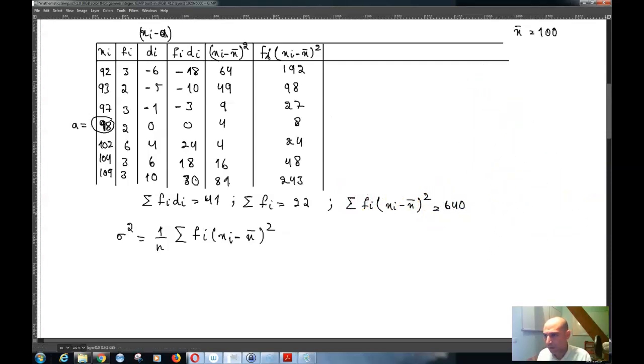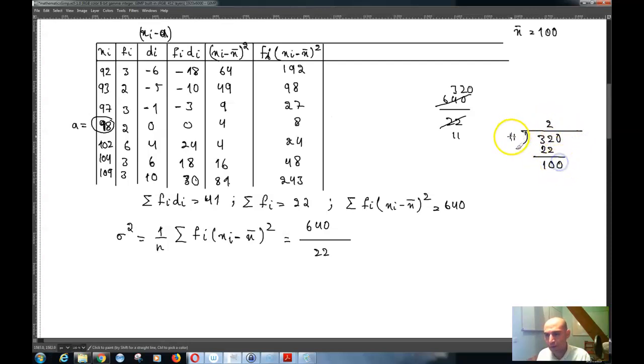So, you have sigma f of I times this whole expression, 640, divided by n, which is 22. That is 640 divided by 22, which is 320 divided by 11. Now 320 divided by 11: 2 times 11 is equal to 22, that's a 10, and 9 times 11 is 99. One remainder.